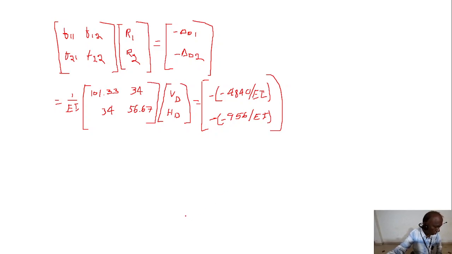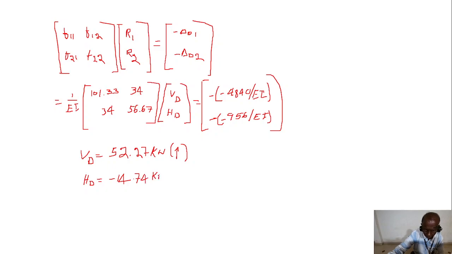So to solve these equations, you will get VD equal to 52.27 kilonewtons of force and HD equal to minus 14.74 kilonewtons.